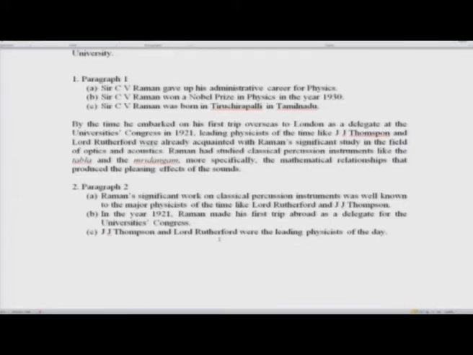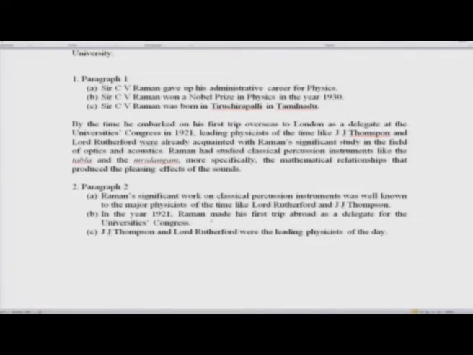These two names are mentioned, of course, but recall the text is about Sir C. V. Raman. So, what is the connection? That is missing here. In the year 1921, Raman made his first trip abroad. Yes, this talks about his first trip overseas, but is that a very important thing here?